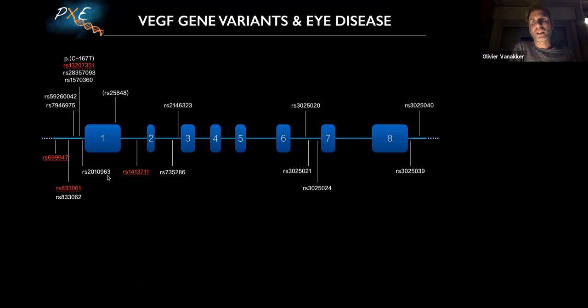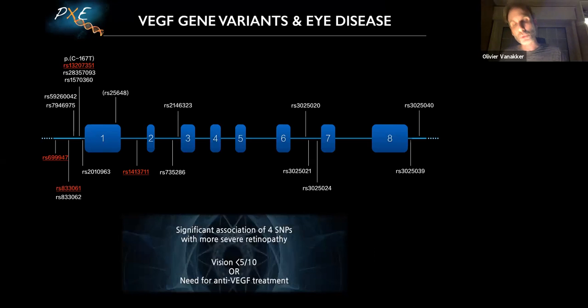The VEGF gene variants are more linked to the eye disease and is much more subtle. There are 4 of them marked here in red that are associated with more severe eye disease, but more severe eye disease being defined as decreased vision or the need for anti-VEGF treatment, Avastin, Macugen, Lucentis, these anti-VEGF treatments.